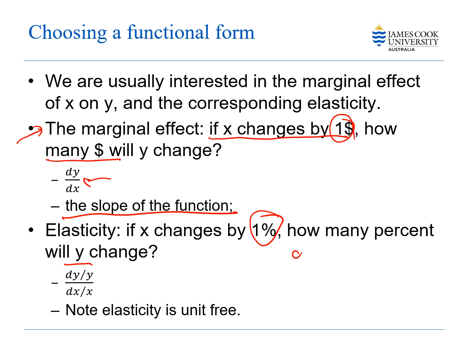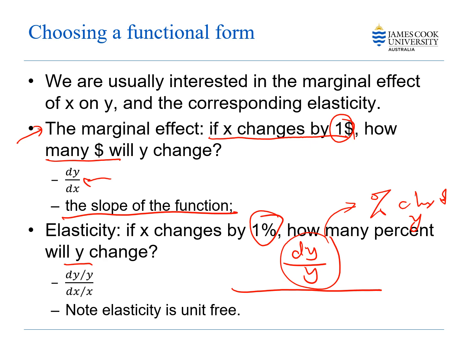So it's the change of y over y, giving a percentage change of y. Dividing the change of y, which could be $10, by the initial value of y, $100, we get a 10% change. So we get rid of the dollar unit. Then this is divided by the change of x over x.